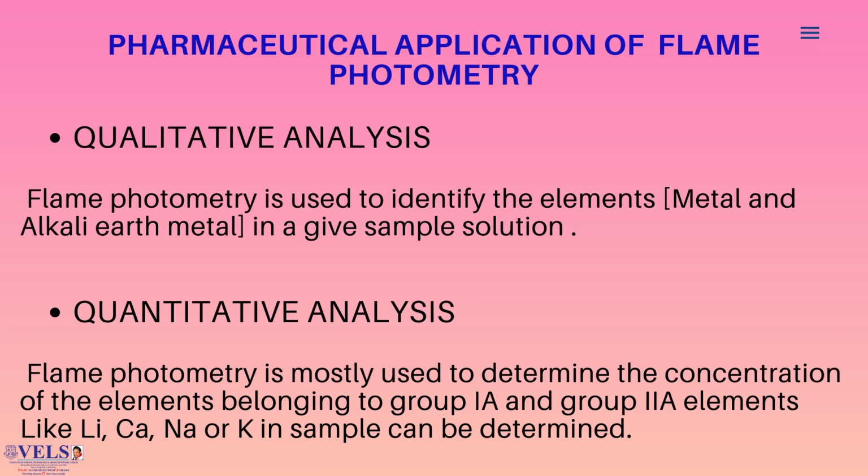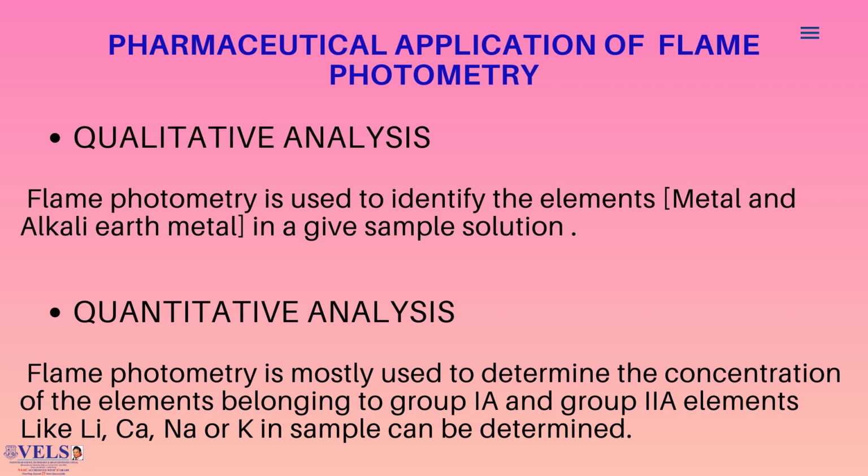So next we move on to the important applications of flame photometry. Flame photometry is used for both qualitative as well as quantitative analysis. Quantitatively, it gives the unknown amount of your substance. In the qualitative part, it is used to identify the elements present.